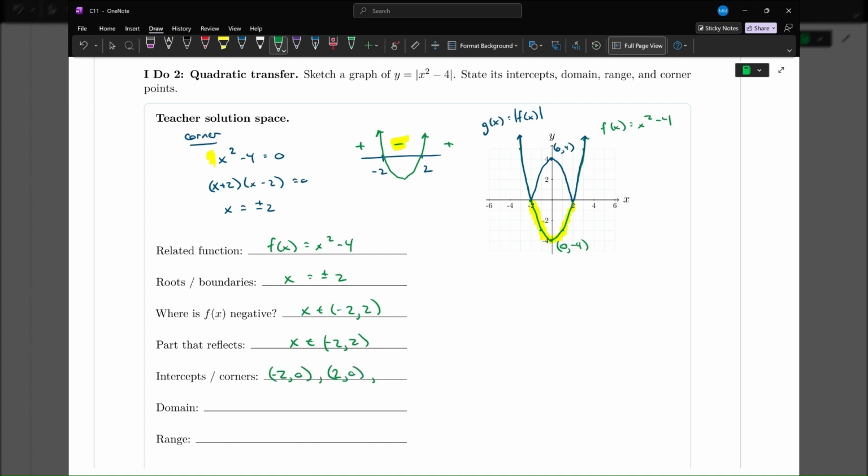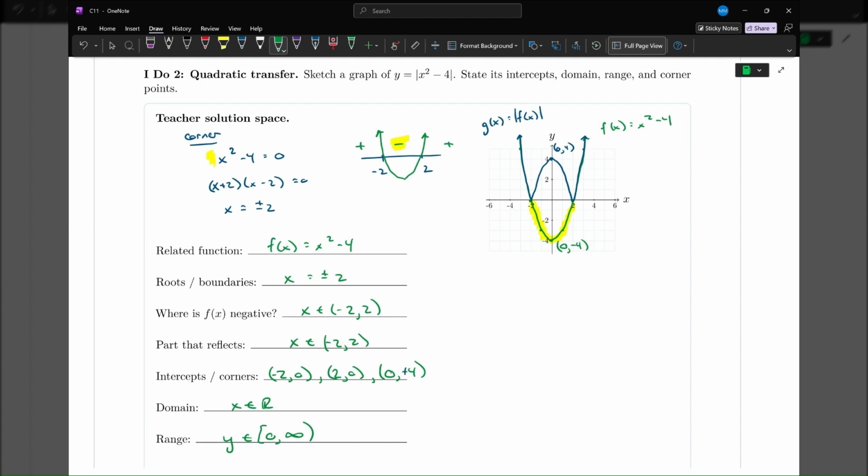We also had the y-intercept, 0, negative 4, which is going to flip to a positive 4 on our absolute value. Domain, again absolute value-wise, was everything. And range is just y can't be negative. There you go.